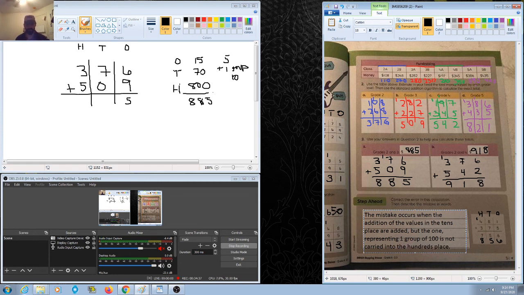So again, this shows how it's really important to account for carrying because they represent 10 groups of the previous place value. So that avoids having multiple digits in one single place value, which we cannot do.